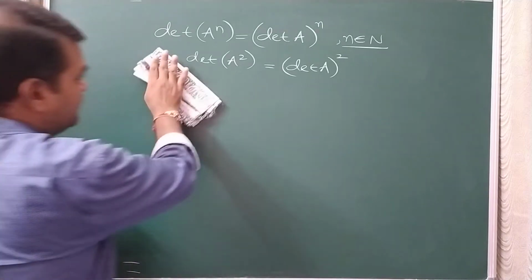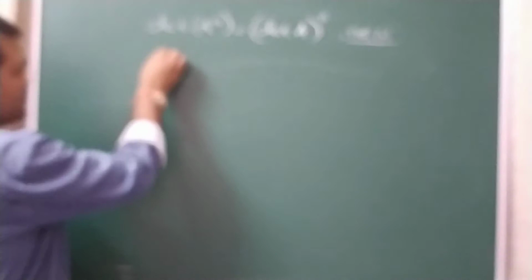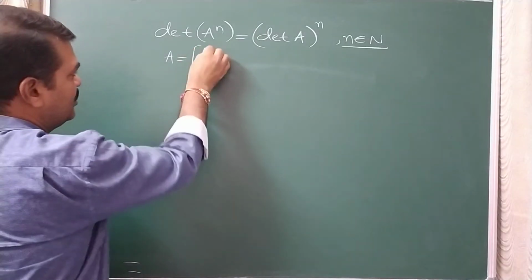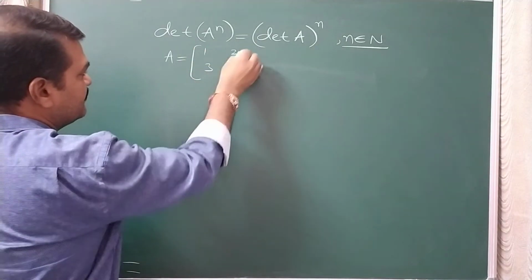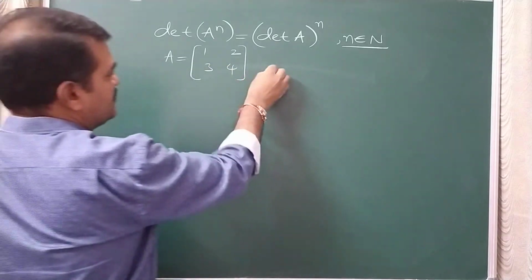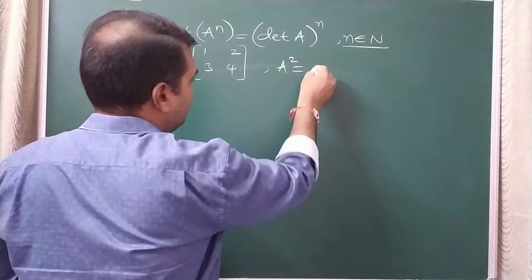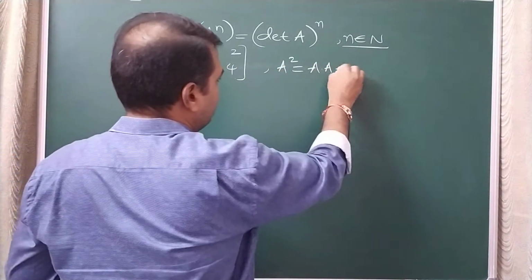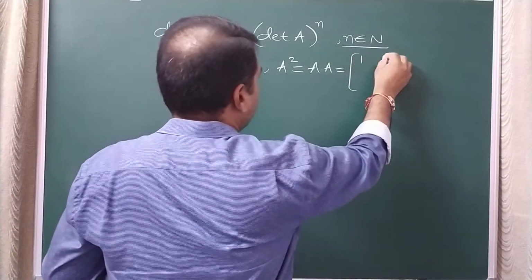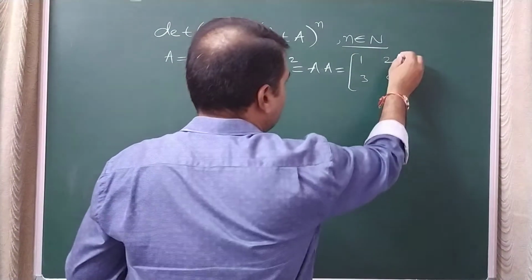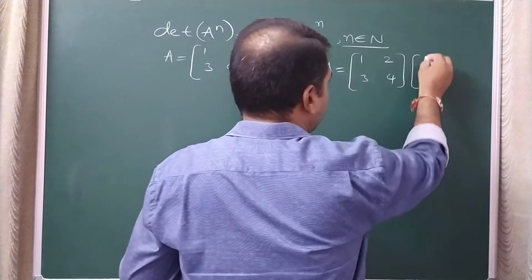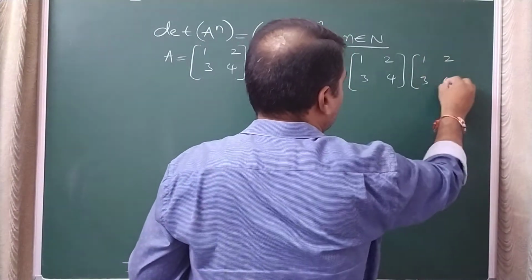Let me show you a simple example by taking a very simple problem. I will take A equal to 1, 2, 3, 4. Next, find A square. A square means A into A, so the matrix 1, 2, 3, 4 multiplied with the matrix 1, 2, 3, 4.